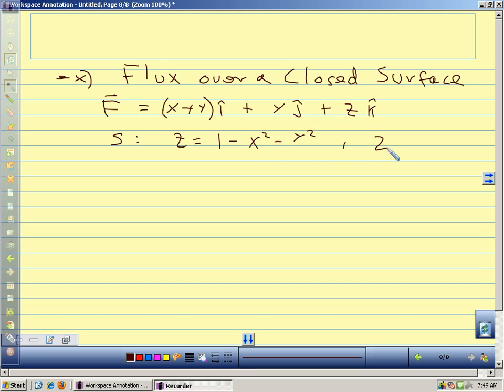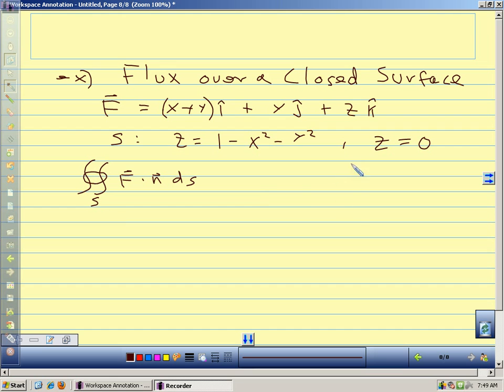And we're bounded at the bottom by z equals 0. So we have a closed surface. You'll see this written like this. So this little circle means we have a closed surface.